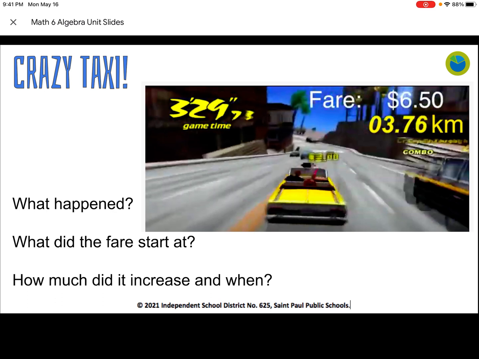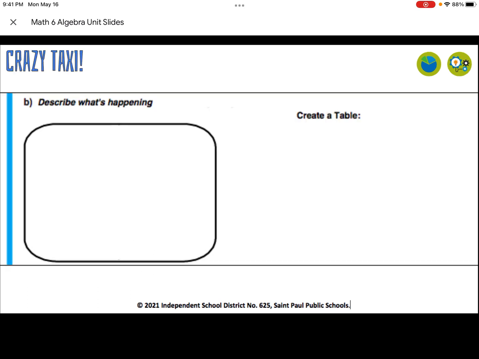Right, so it started at $5, and then every time it hit the kilometer mark, the fare went up by 50 cents. And then how far did he go? Do you remember how far he went? I can't go back on this. Sorry.